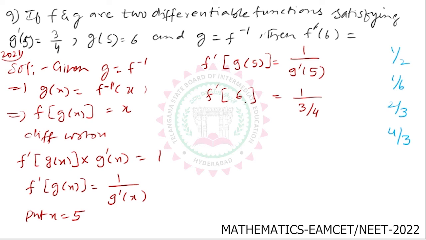Basically, what he is asking is f dash x. So I come to the conclusion that this is nothing but 4 by 3. Is it clear? So the answer for f dash of 6 is nothing but 4 by 3. So, fourth option. Is it clear? This was also asked in 2021.